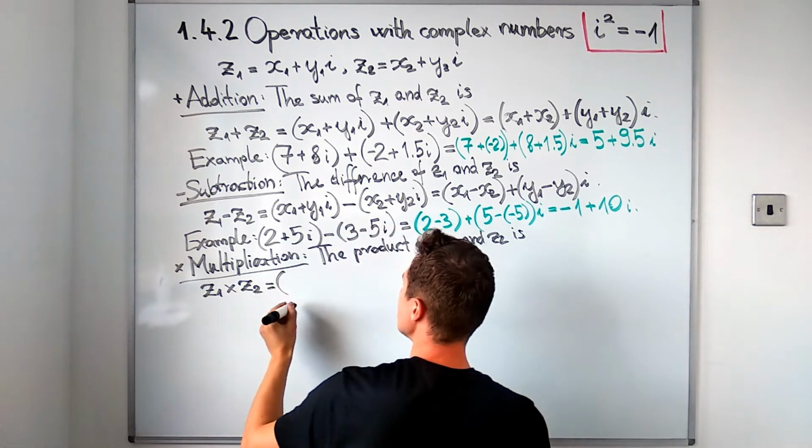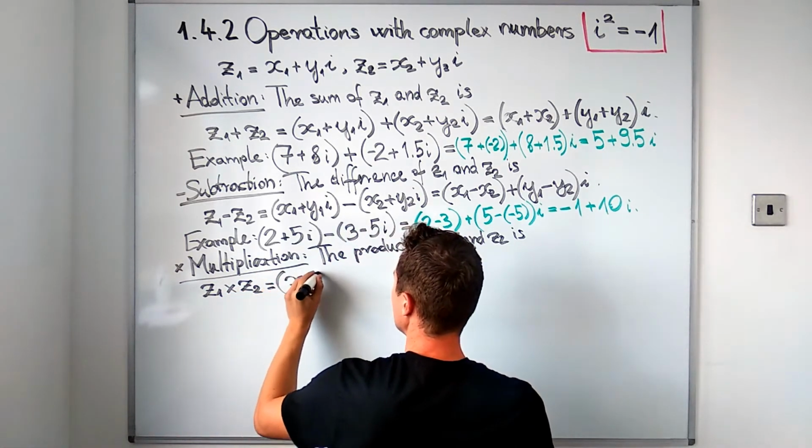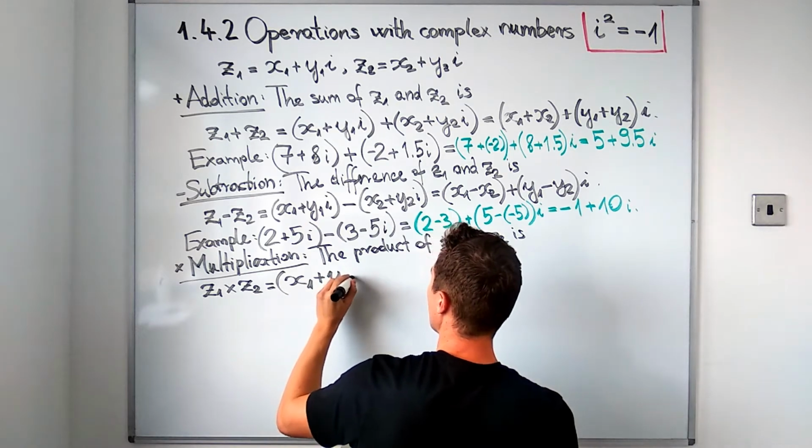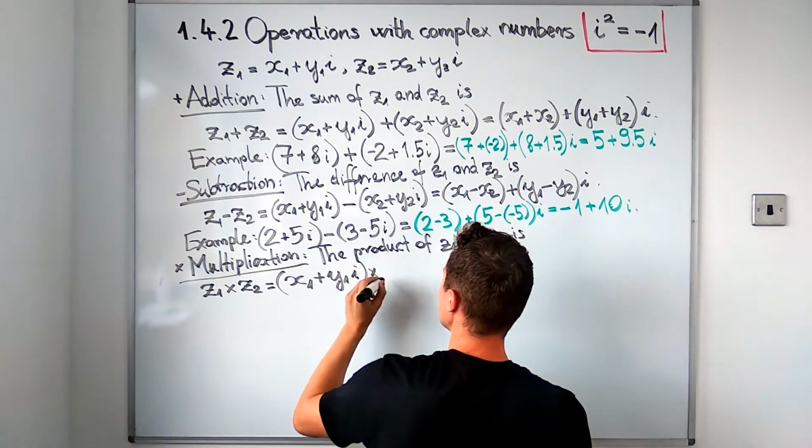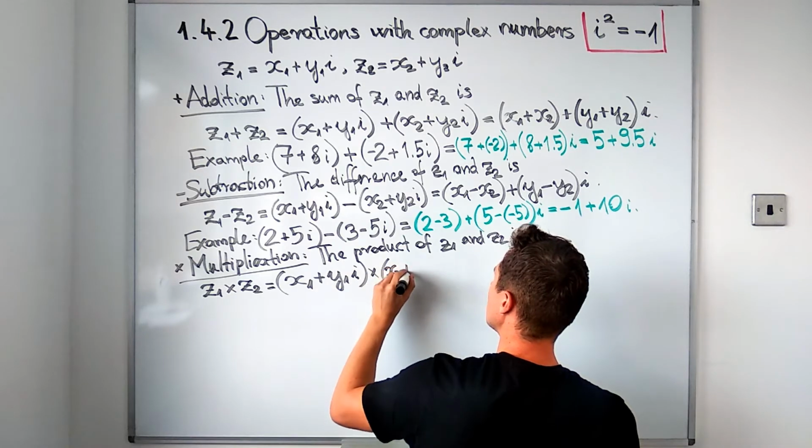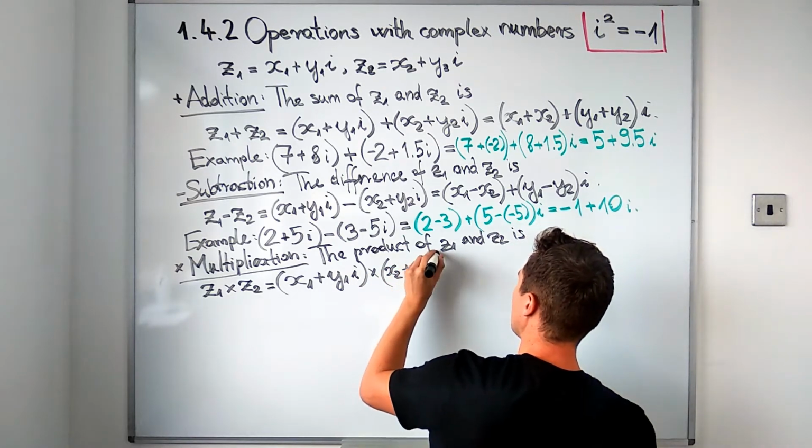We will simply write these numbers out in this form, x1 plus y1 times i multiplied by x2 plus y2 times i.